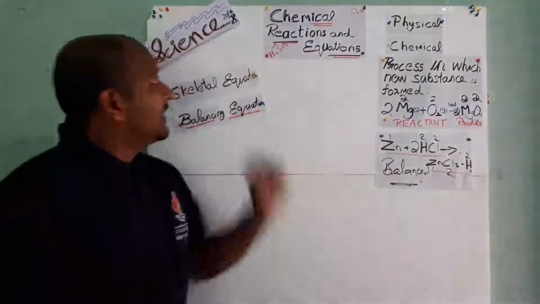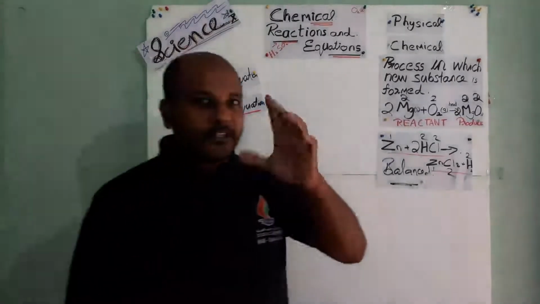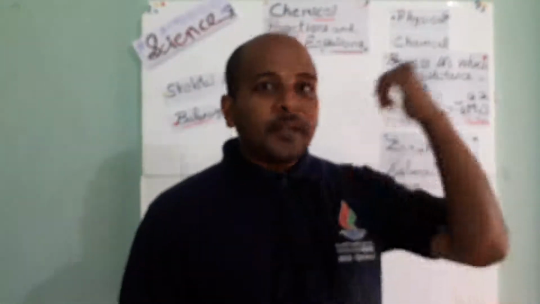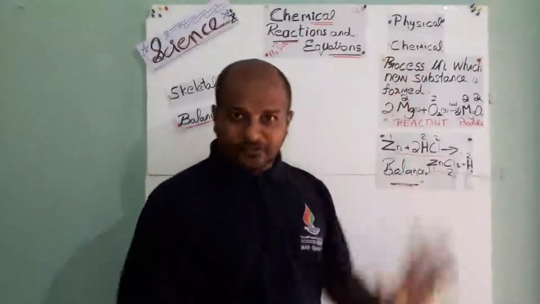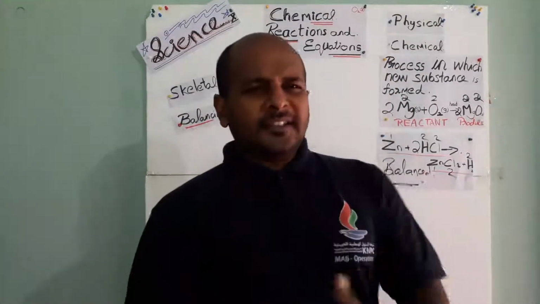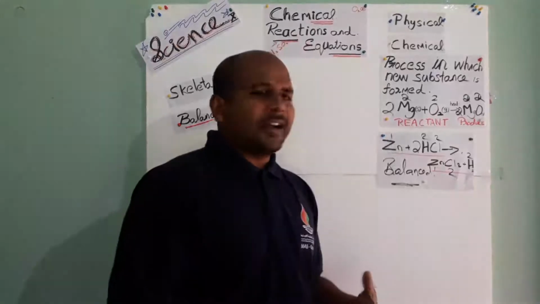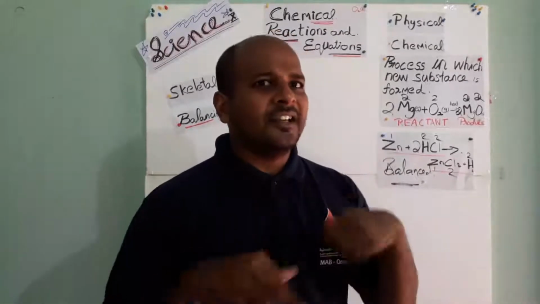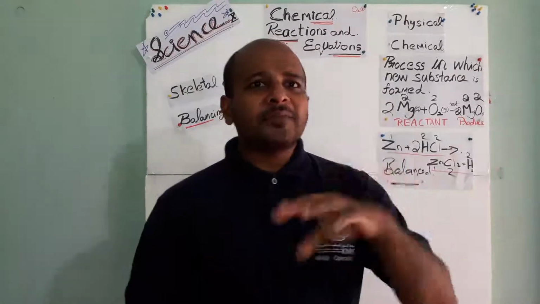Anyway, chemical reactions and equations. At the beginning you studied about physical and chemical change, which you already studied in the past year. An example of a physical change is water changing to ice when it freezes, and when we heat the water it boils and becomes water vapor.